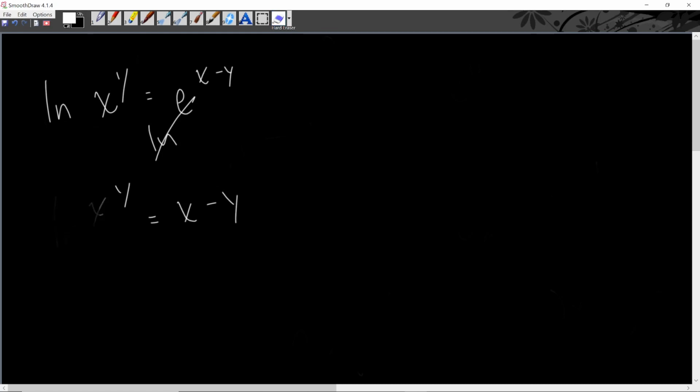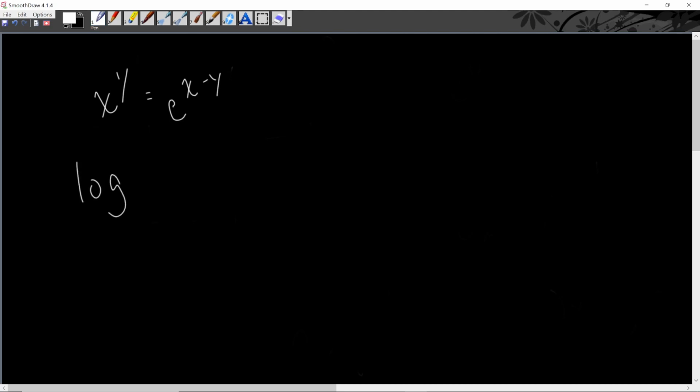I'll change the format to log base e so that it's a little bit easier to see what we're going to do. So this is still e to the x minus y, and I'm going to use log base e notation, so it might be slightly easier to see the leaps in logic that we're about to make. Log base e of x to the power of y is equal to log base e of e to the x minus y.